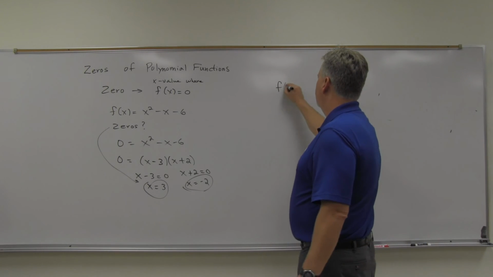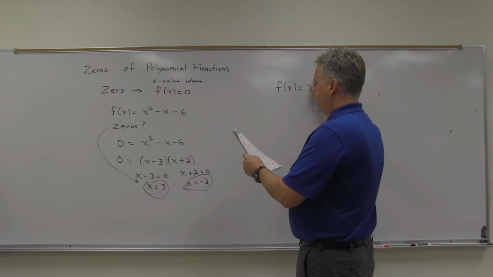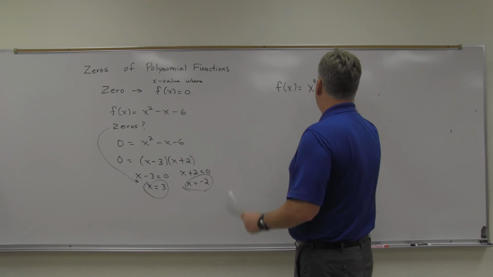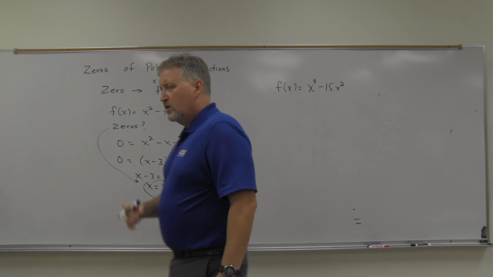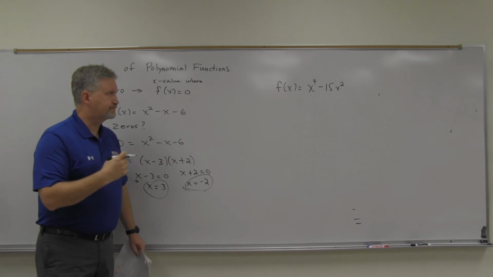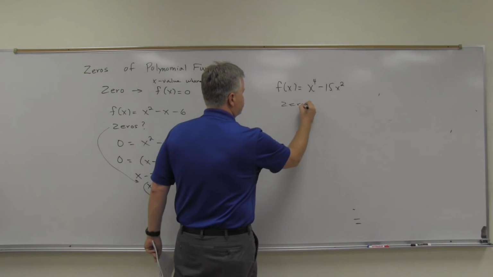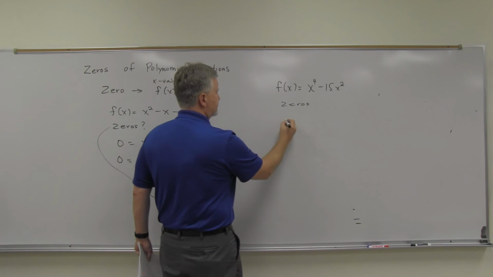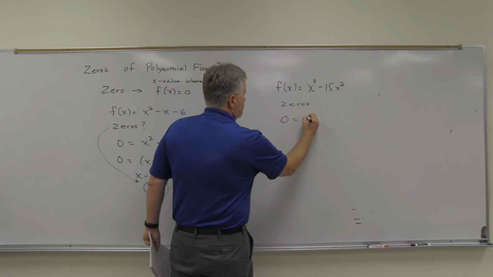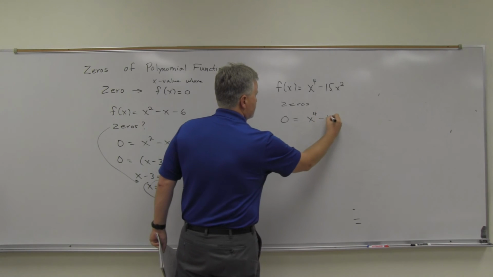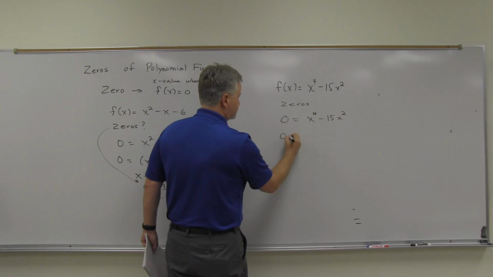Now, if I have f of x equals x to the fourth minus 15x squared, again we talk about the zeros. Set f of x equal to 0 and solve the equation.